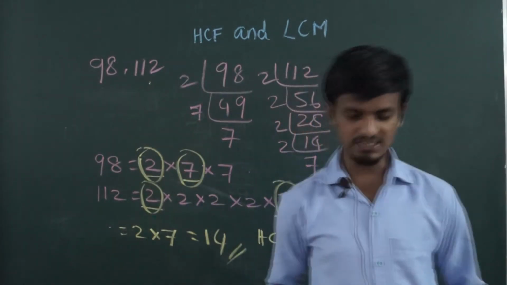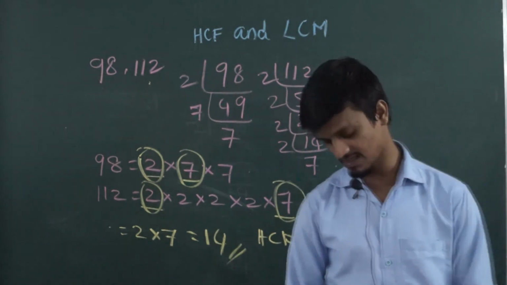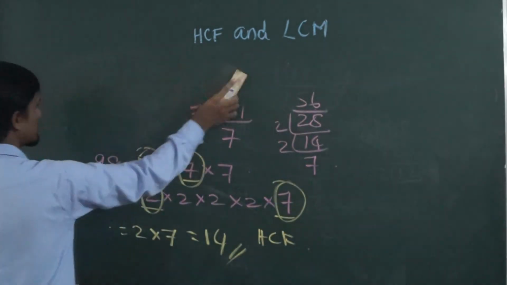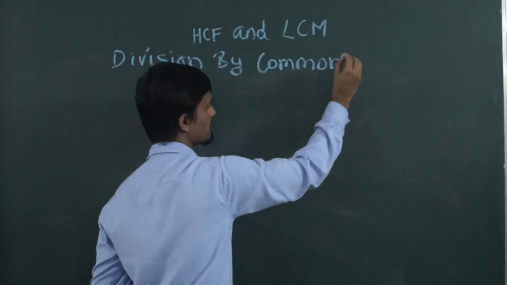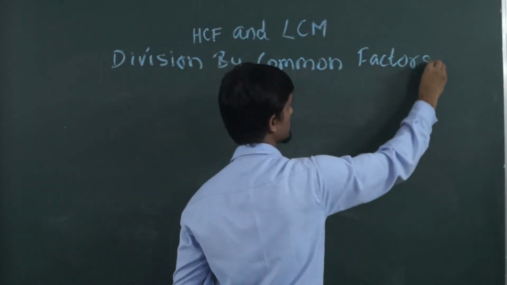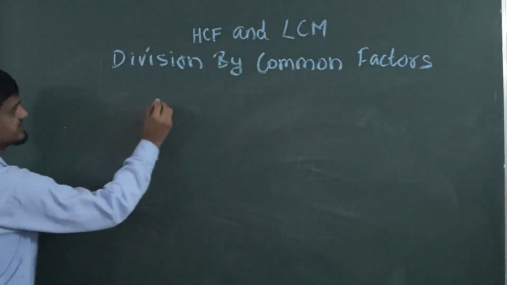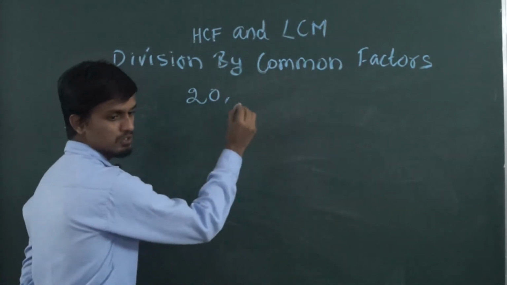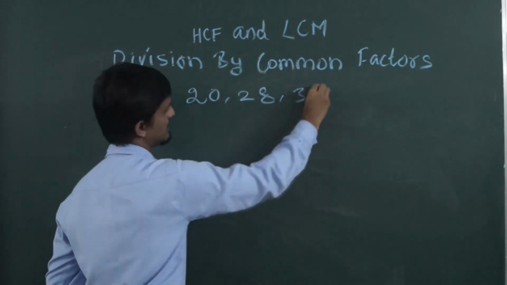The next method is HCF by common factors, by using division by the common factors. For example, now we will take 20, 28 and 36.